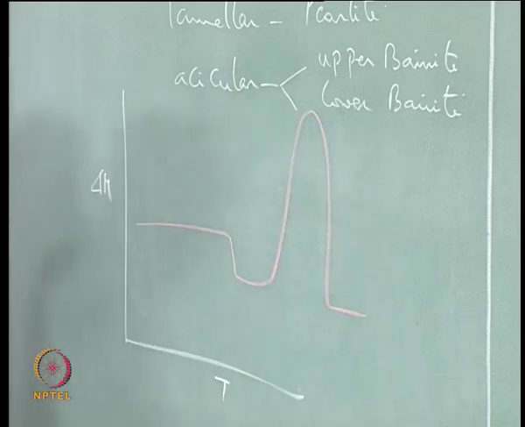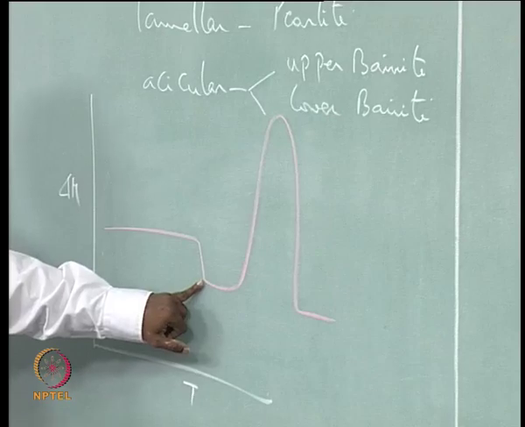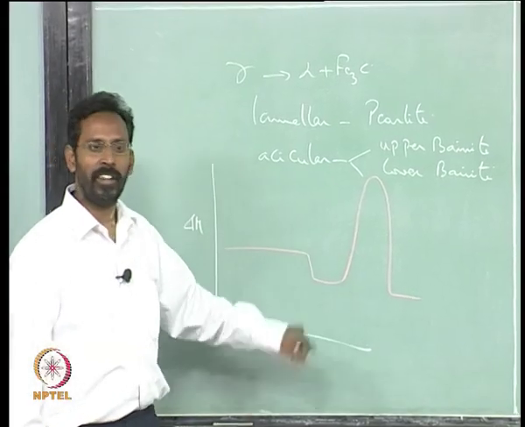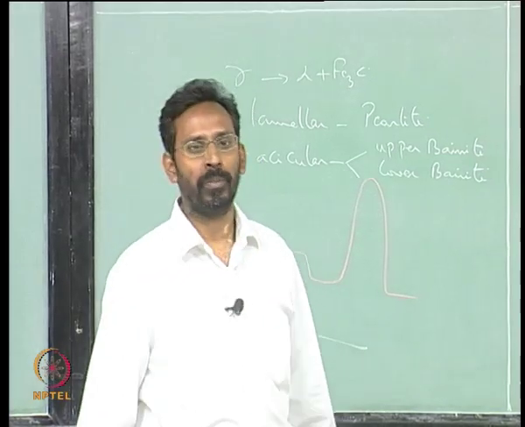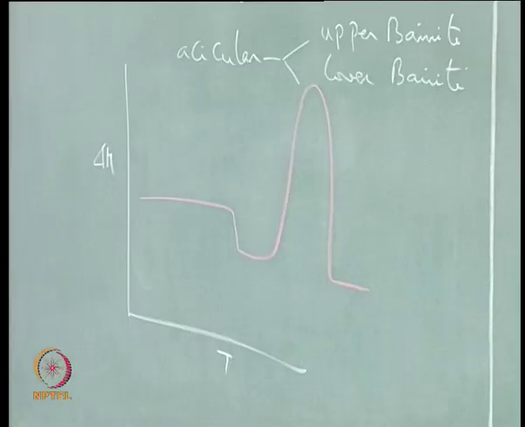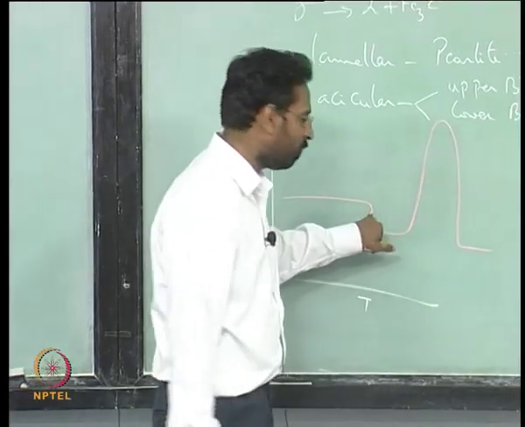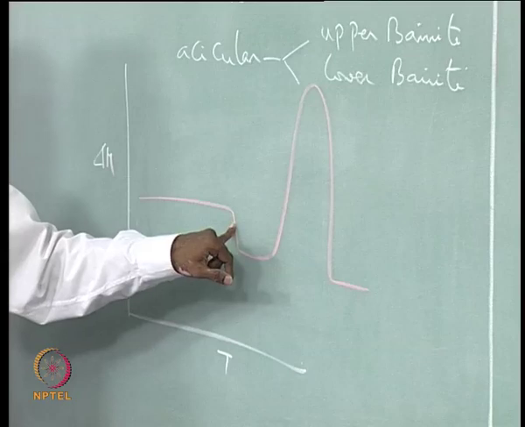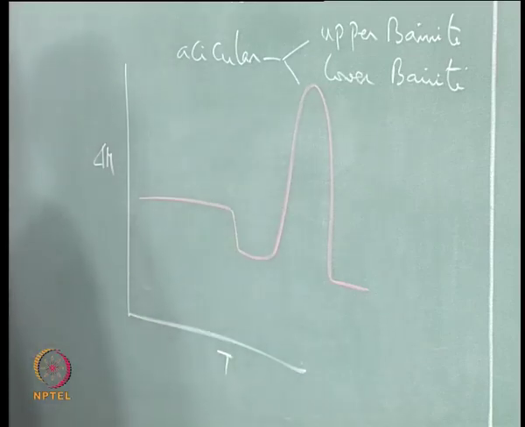If you do that, the glass first gives you a liquid, and what kind of a transformation is this? We already talked, possibly it is a second order transition, and in a second order transition, what do you see? Delta H is 0, because delta H is 0, you do not see any peak there, you just simply see a step.